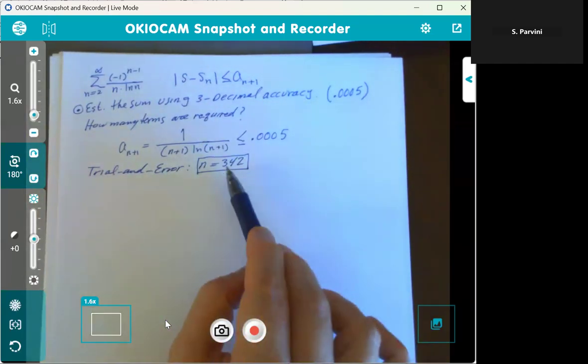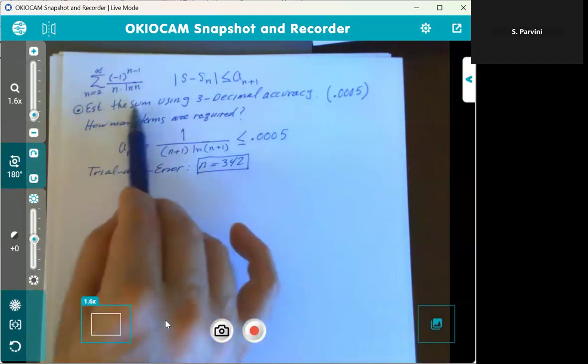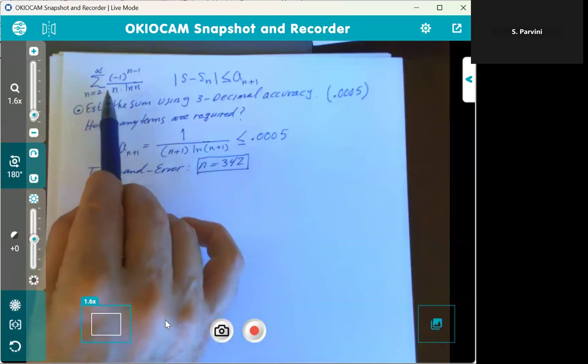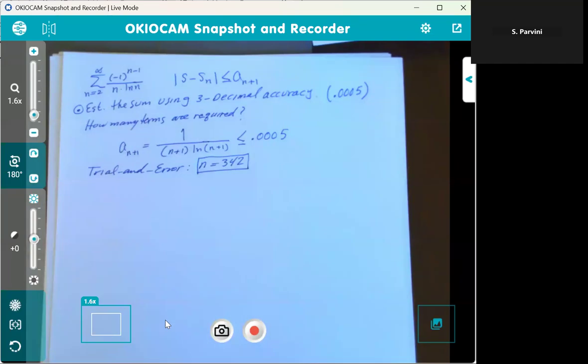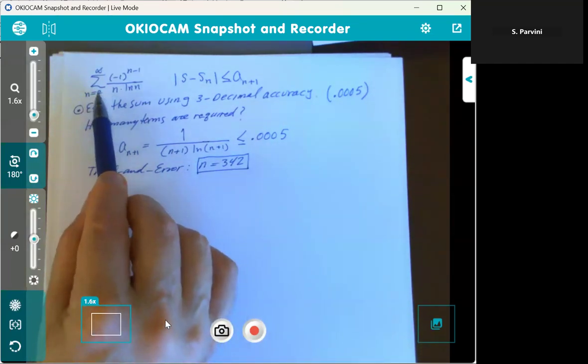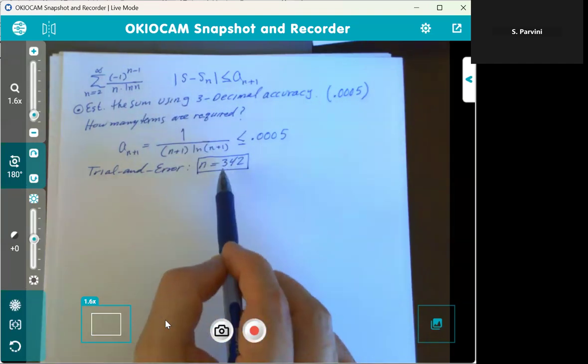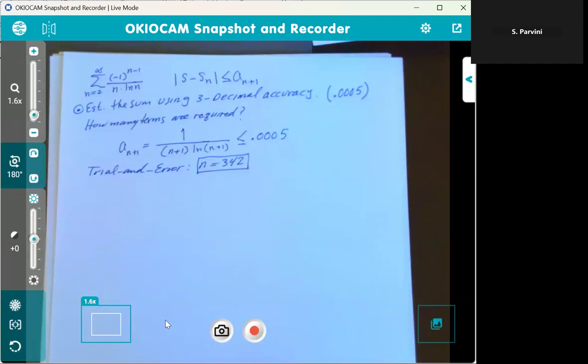That means I have to add 342 terms in the series, starting with 2, 3, 4, 5, 342 terms. So it's going to go all the way from 2 to 343 in a sub 343, because I'm starting at 2. A lot of terms, and I don't want to do that. So let's scrap this one.